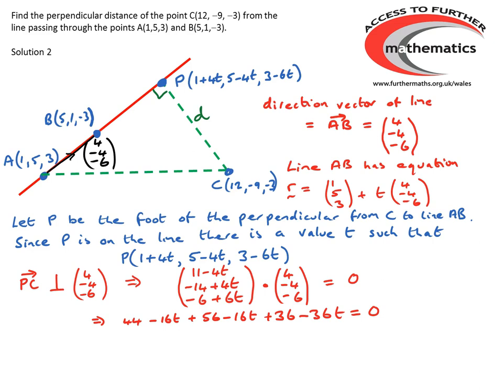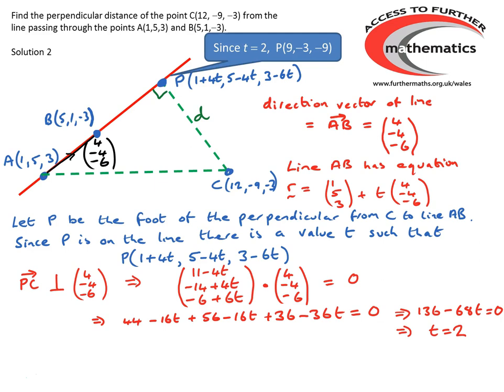We've then got -14 plus 4t times -4, so that's plus 56 minus 16t. And then finally, we've got -6 plus 6t times -6, which gives me 36 minus 36t. Add those up together, we've got to have 0. Simplify, we've got 136 minus 68t equals 0, which tells me that t is 2.